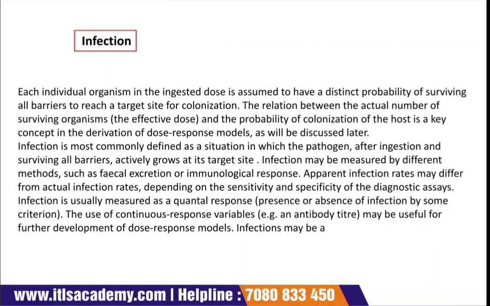So there is a relationship between the actual number of surviving organisms and the probability of colonization of the host. It is a key concept in the derivation of dose response models. Infection is commonly defined as a situation in which a pathogen, after ingestion and surviving all barriers, actively grows at its target site.